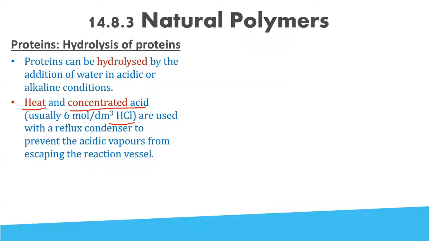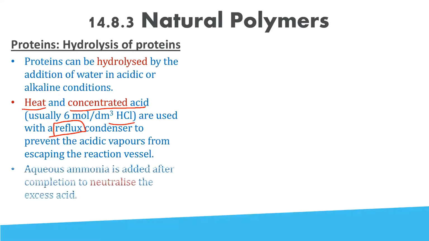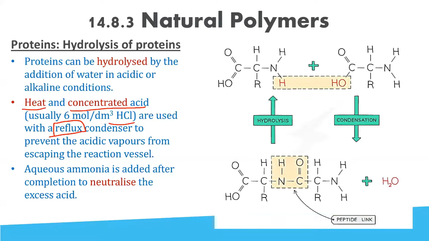But in the protein case, we have to heat under reflux to prevent any acid vapor from escaping. Aqueous ammonia is added after the reaction is over, to neutralize any excess acid.